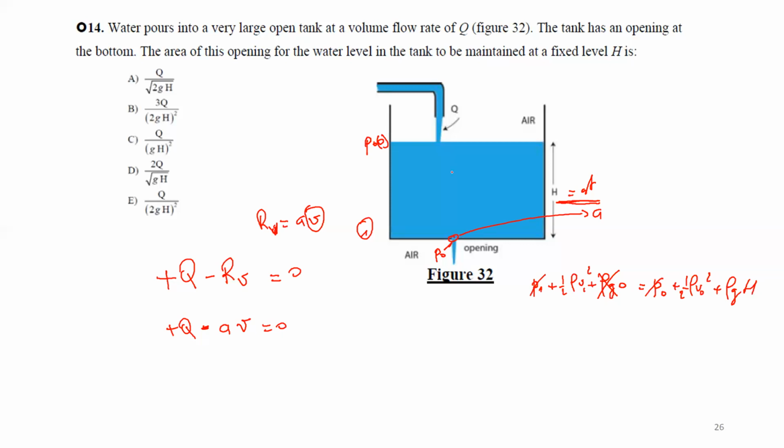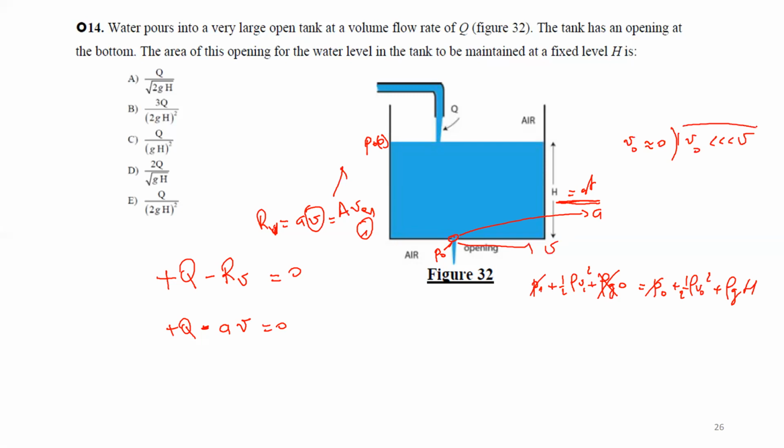Now V0, of course, this is a large tank. By the volume flow rate, you know that the volume flow rate is constant, is small a multiplied by V, but it's also equal to capital A, the cross-sectional area of the large tank, multiplied by V naught. Since the tank is very large, V naught is very small. Basically, V naught is very, very close to 0. In other words, V naught is very small compared to V, V being the speed here.